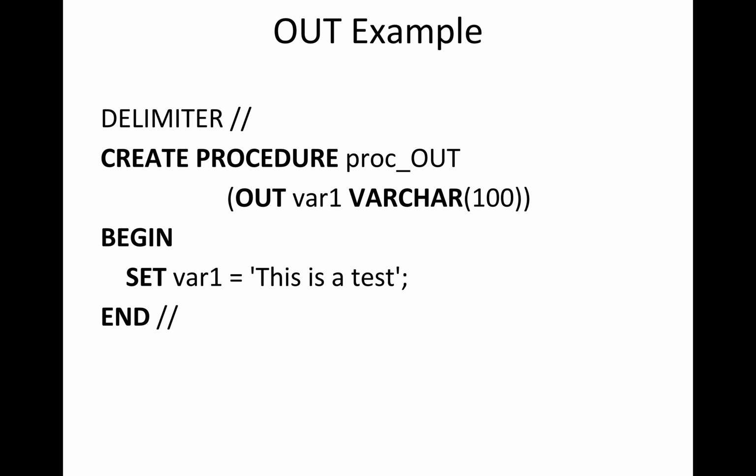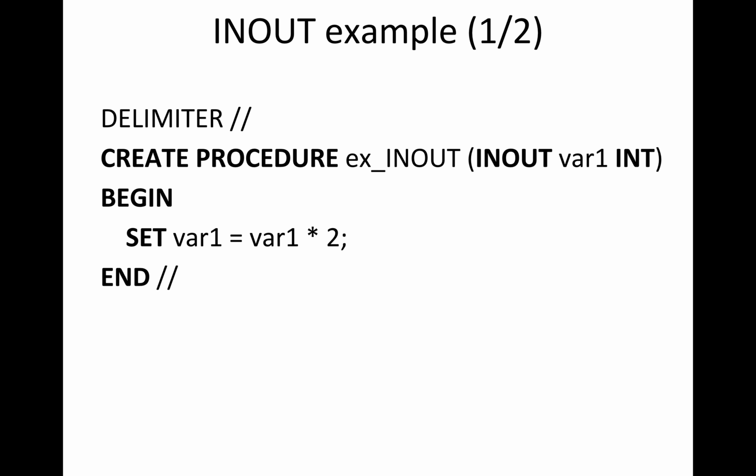Here we are declaring an out, so we can set the value, and then that variable can be used outside of the procedure by name. Here's one where it can be used as both in and out. So outside, any variables that we might have passed in as an argument will have the new value of the variable. Otherwise, var1 would have been a local variable that would not be accessible outside of the procedure. Okay.